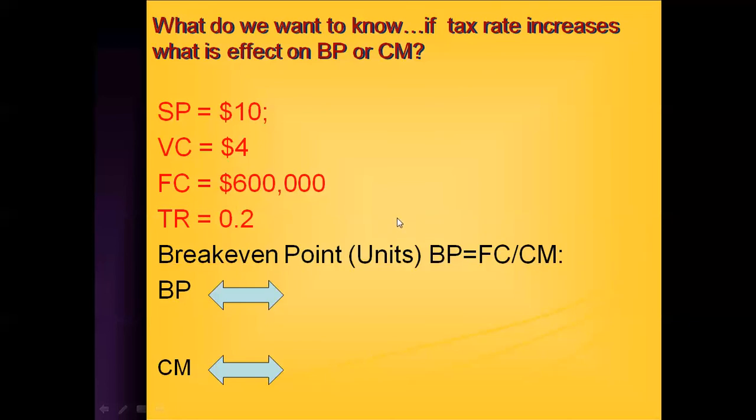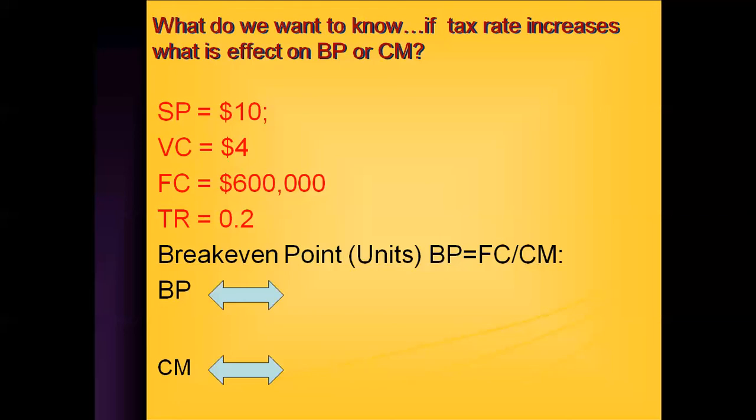Well, here again, break-even point is a function of fixed costs and contribution margin. Tax rates are variables which take effect after income has been determined, assuming there is income. So in this particular case, your break-even point would remain the same, and your contribution margin, CM here, as shown on the slide, would remain unchanged.